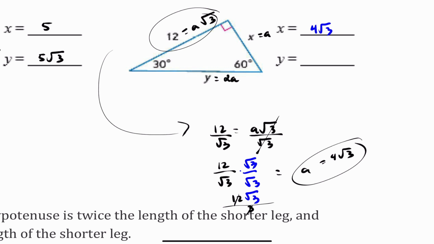And if a is equal to 4 root 3, that means that y is 2 times 4 root 3. So if there are two 4 root 3s, that means you have 8 root 3. You're multiplying this by the coefficient, so the answer is 8 root 3. And that's your answer.